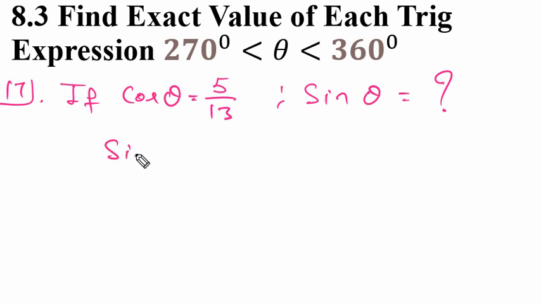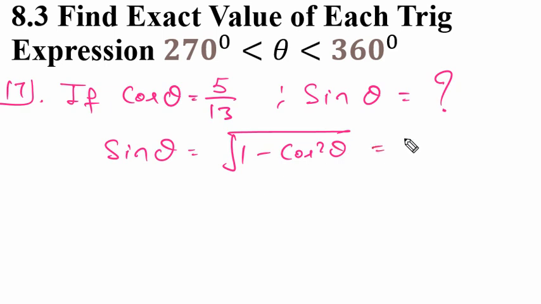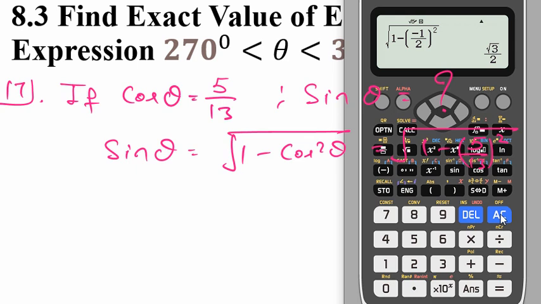To find sine theta, I will use the trigonometric identity: square root of 1 minus cos square theta, which is square root of 1 minus (5 over 13) square. Let's use the calculator. Square root of 1 minus, that is positive 5 over 13.